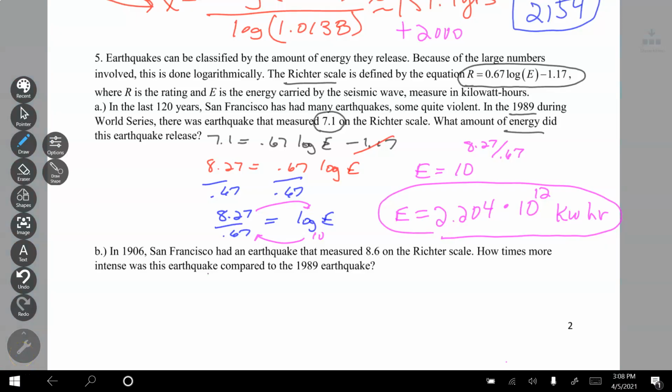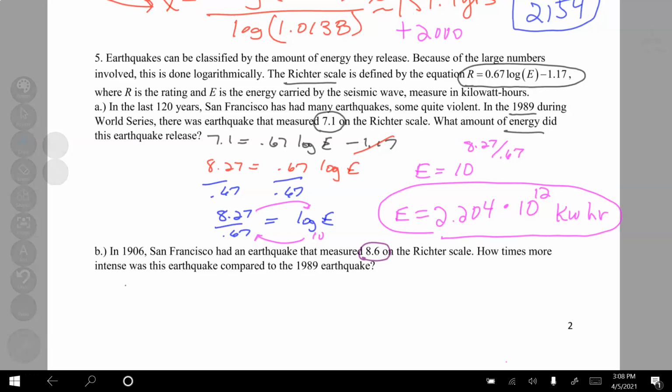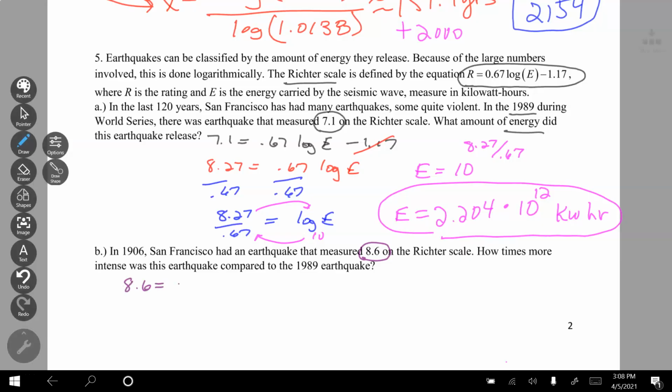So in 1906, San Francisco had a giant earthquake of 8.6 on the Richter scale. Giant. So how many more times intense is this? Well, the difference between 8.6 and 7.1 is 1.5. It wasn't 1.5 times as strong. It's a lot stronger than that. So what I need to do is 8.6 is equal to 0.67 log of E minus 1.17.